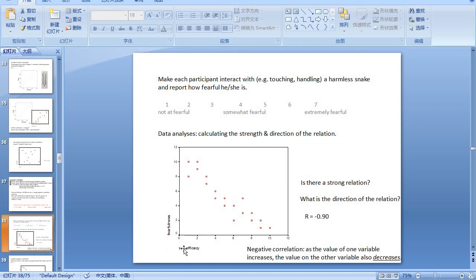So as the self-efficacy goes up, fear goes down. This is a negative correlation. Of course, this is made-up data, not real data. I did the calculation, R equals negative 0.90. Very strong negative correlation.